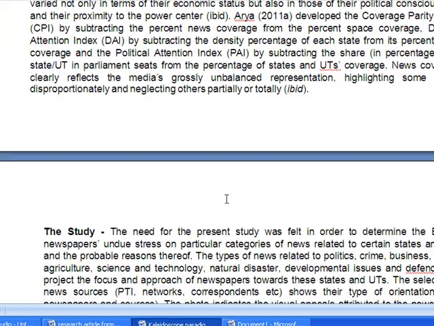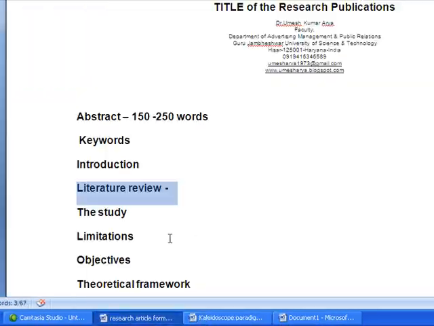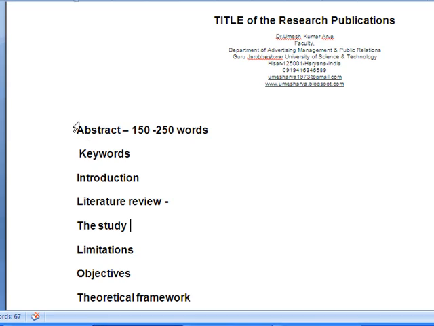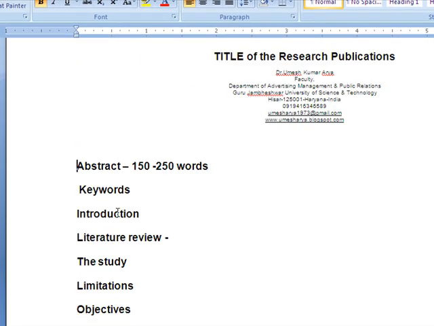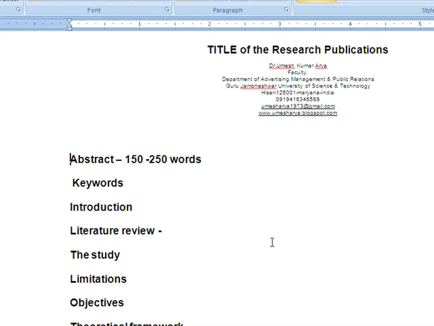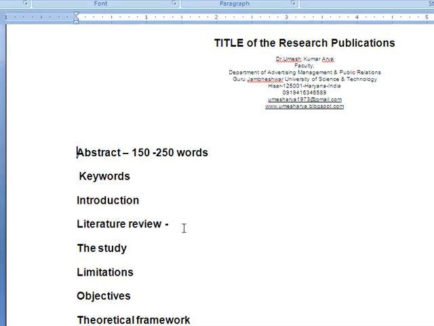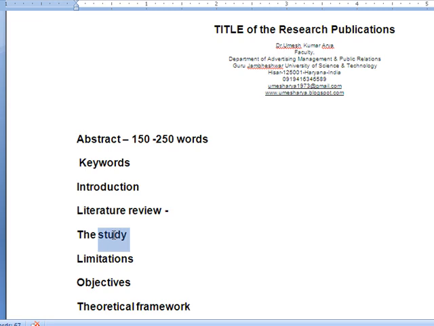So review of literature is done. Please remember that the sequence of these topics must be as it is. It is not negotiable. You cannot change the sequence of the abstract, keywords, introduction, literature review, etc. Then comes the study.